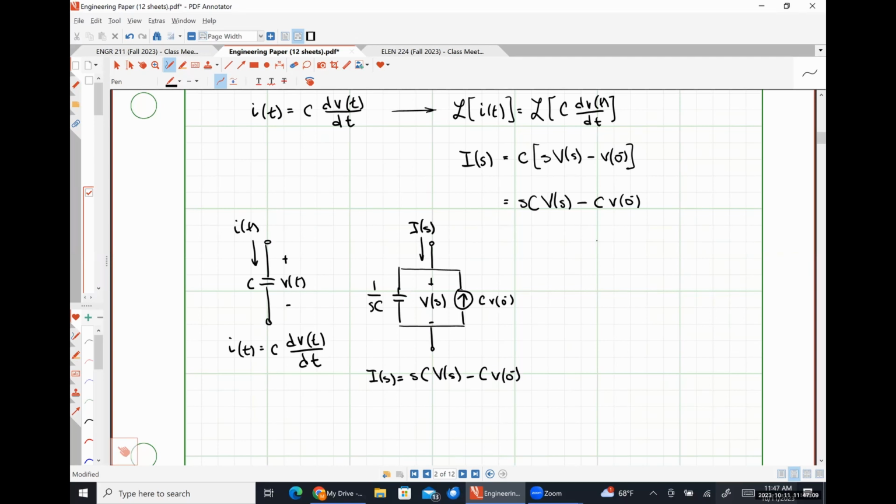And doing a source transformation on this thing, we can put it as a capacitor in series with a voltage source. So there's our capacitor and its impedance, 1 over SC.